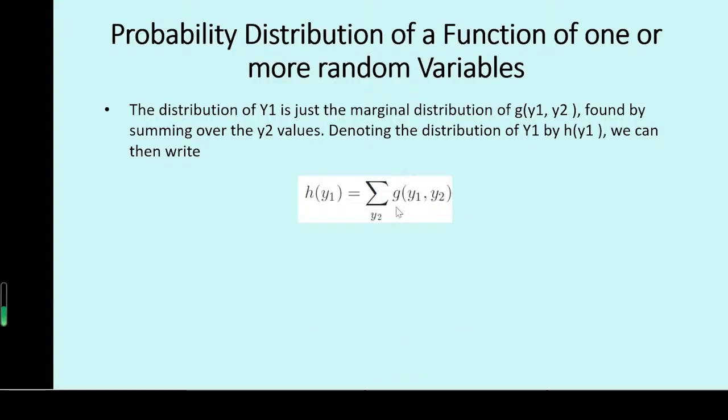This is the joint probability distribution we have shown on the previous page. Then we sum over all the values of y2, and we get the probability distribution of Y1. And similarly, you can get the probability distribution of Y2 by summing over all the values of y1 for this joint distribution g(y1, y2), right?